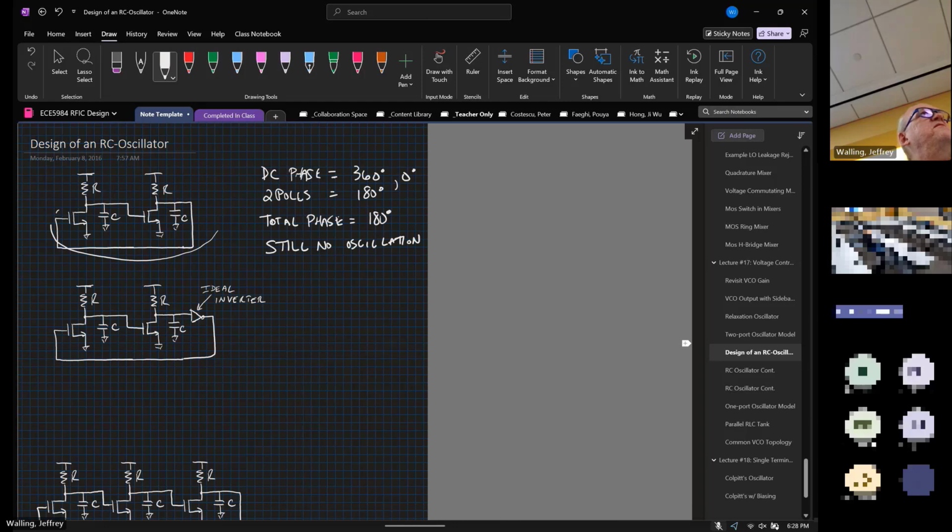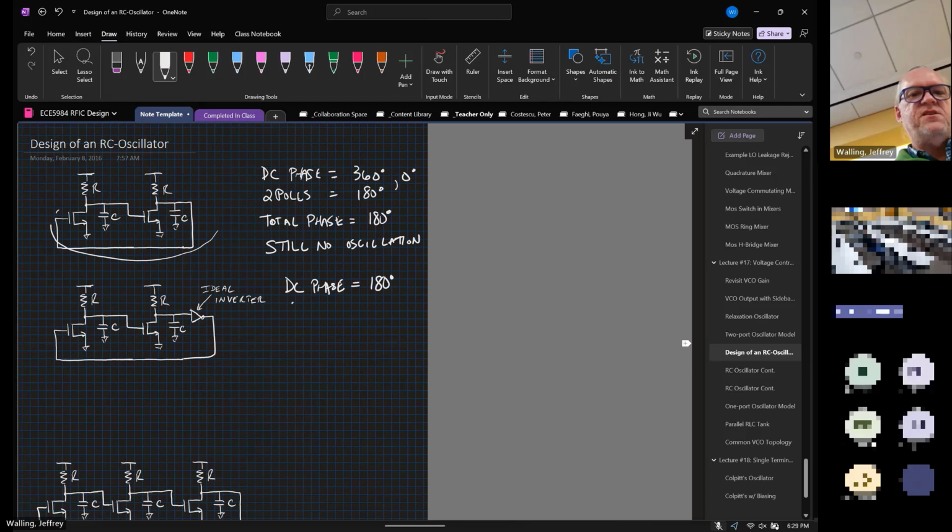What if we took 2 analog inverters and then we added an ideal inverter at the output? And we'll just assume that the signal swing was big enough that it could trip that ideal inverter, no matter what. That's our total DC phase shift. Yeah, 180.